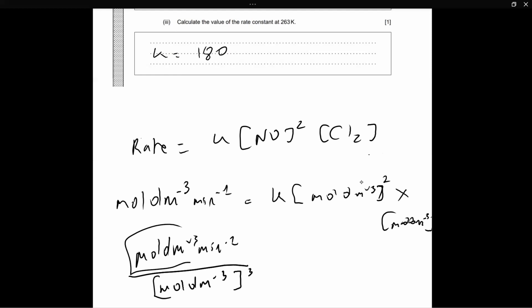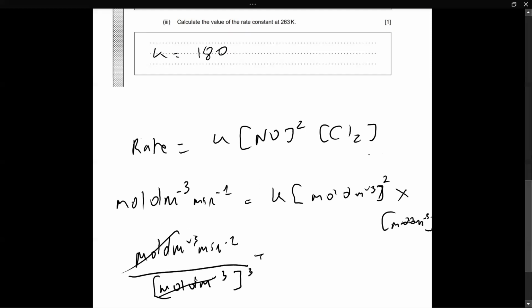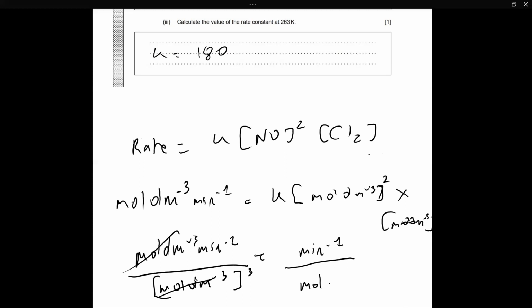And since we already have 1 mole dm here, we can cancel out this, which leaves us with minute to the power of -1 divided by mole dm cubed squared, because we cancelled out 1 mole dm, so this number reduces by 1.